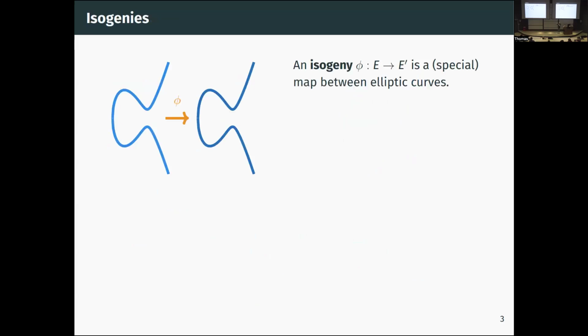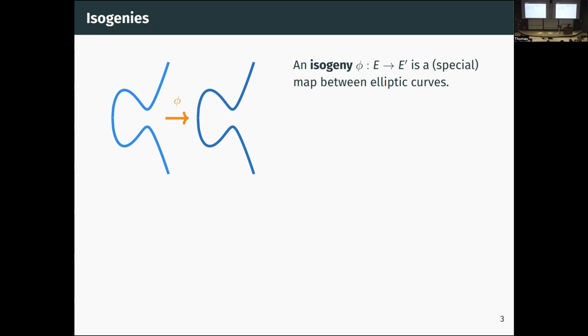That's also why in isogeny-based cryptography, we not only consider elliptic curves, but we consider isogenies of elliptic curves. Such isogenies, you can just think of them as a map between 2 elliptic curves with some special properties. In particular, we have this group structure on elliptic curves, and these maps have to preserve the group structure.